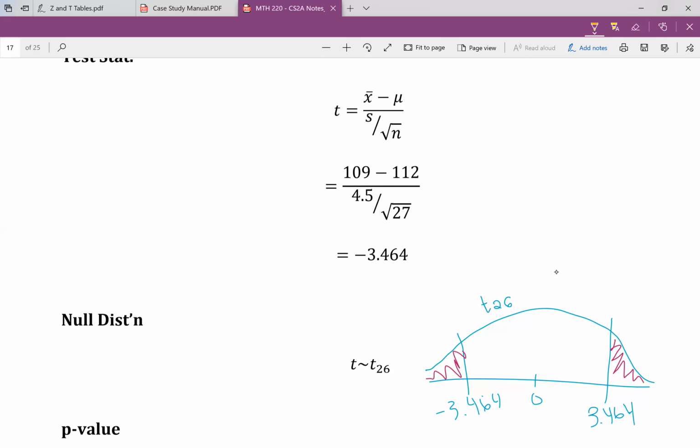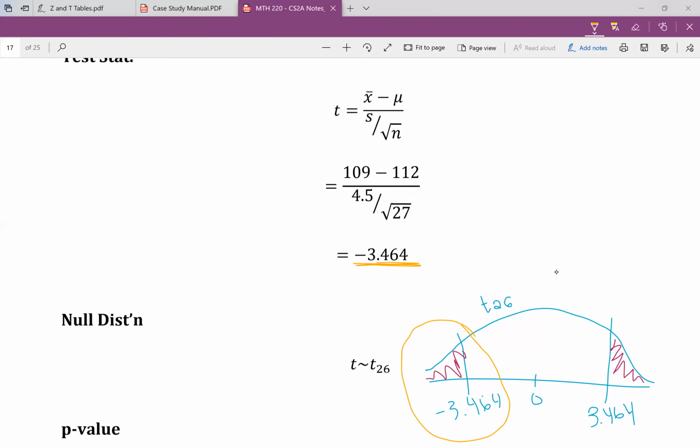Keep in mind that our test statistic is negative 3.464. So when we write our p-value statement, we want to refer to the left tail now and then double it. Again, this is all coming from the definition of p-value. We want to observe the value of the statistic or more extreme, which means go to the closest end, less than, and now we're also going to double it.